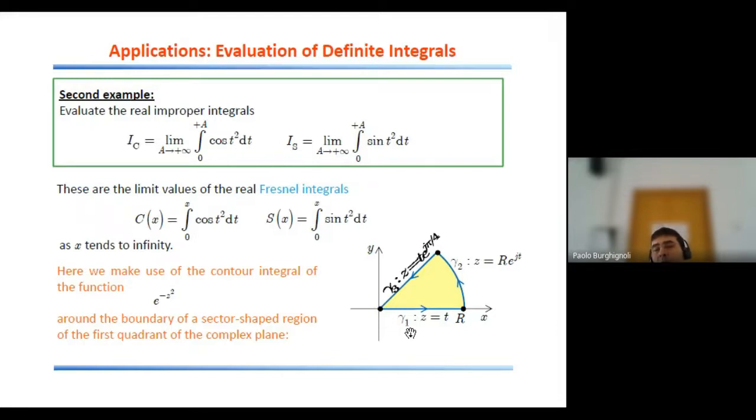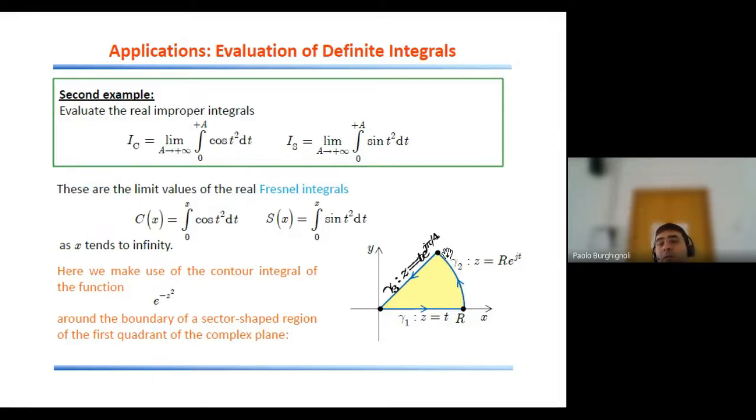Okay. In this picture, you can see also the parametric representations of the three parts of this closed contour. Gamma 1 is given simply by z equal to t, where the parameter t goes from 0 to r. In gamma 2, the circular part, we have the polar representation z equal r, the radius, times e to jt, where t now is an angle that goes from 0 to pi over 4.